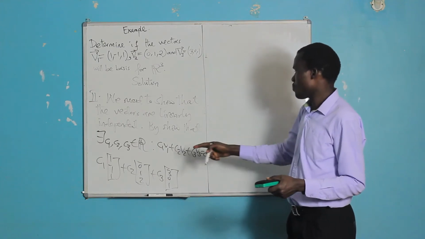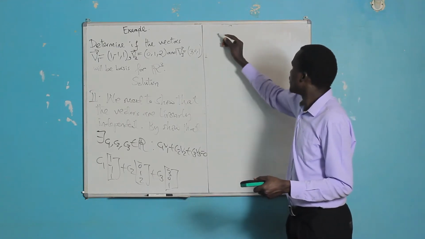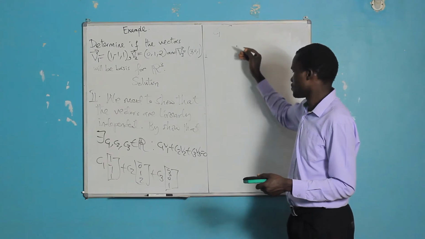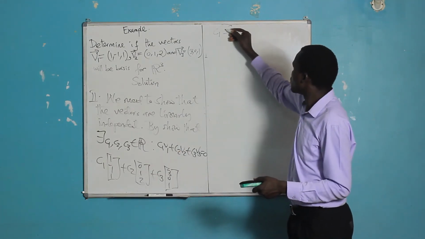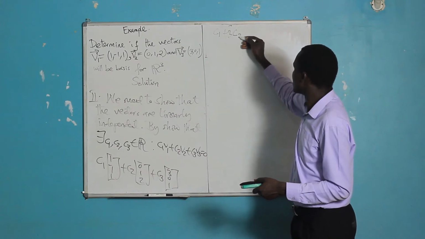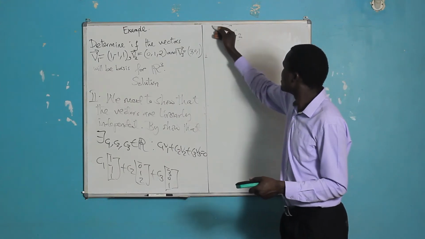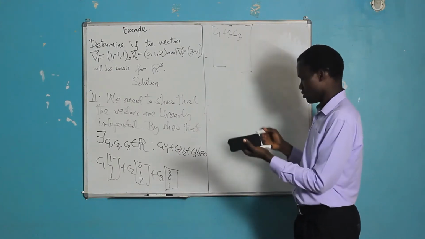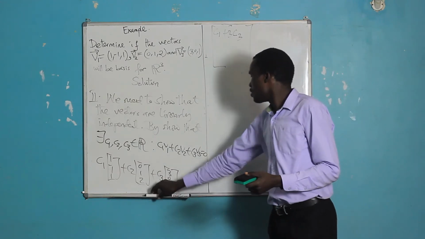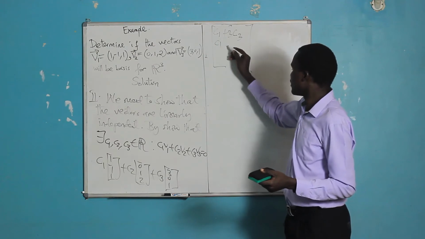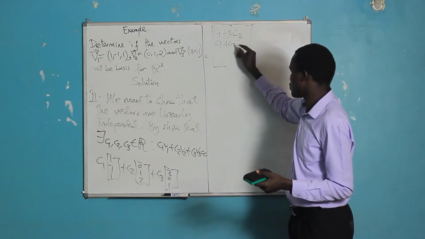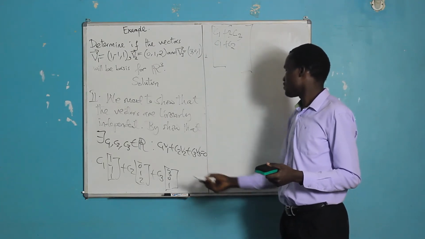So let's continue. Multiplying C inside, I get C1, here is 0, and here plus 3 C3. And the second row will be C1 plus C2 because it's 0.